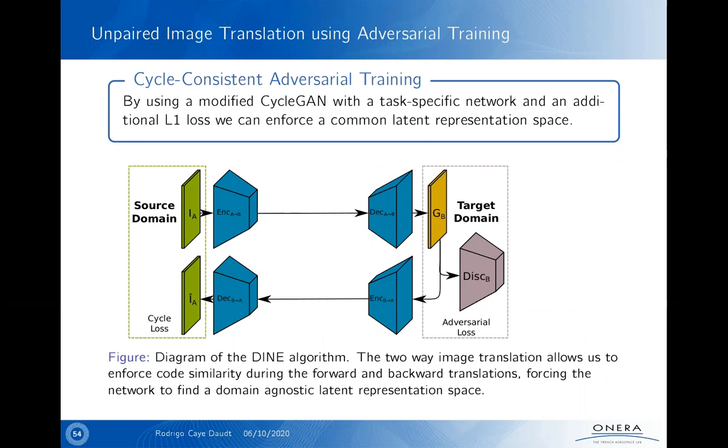CycleGAN is used mainly for style transfer. So it has 2 different domains. The original one was, for example, images of horses on one side and zebras on the other side, and they were trying to translate horse images to what if it was a zebra in this image? The key idea here is that if you translate from one domain to the other and then back, you should obtain pretty much the same image if you're not losing any information.